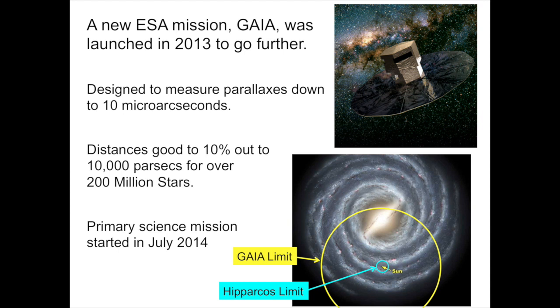The hope is the spacecraft will last long enough to approach nearly 1 billion stars in the Milky Way with good precision distances. Even 1 billion is only a fraction of a percent of the more than 200 billion stars in our Milky Way. Nonetheless, it's going to give us an enormously improved view of the architecture of our part of the galaxy.